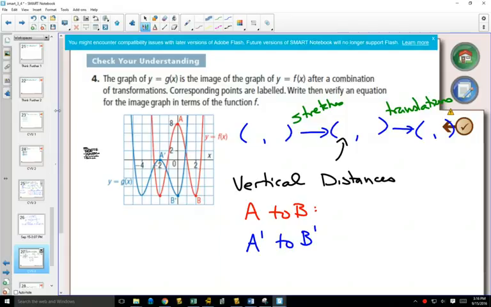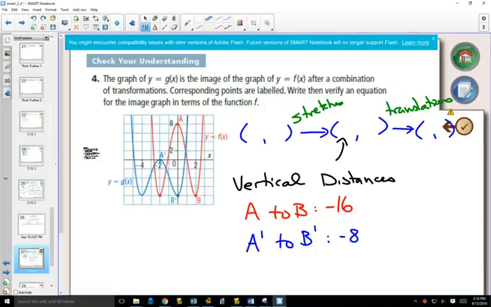What is the distance from A to B? 16 down. So to be really fussy, we're going to write negative 16. So the distance is 16, but because it's going down, we're going to write negative 16. Okay? How about from A prime to B prime? Goes down 8.